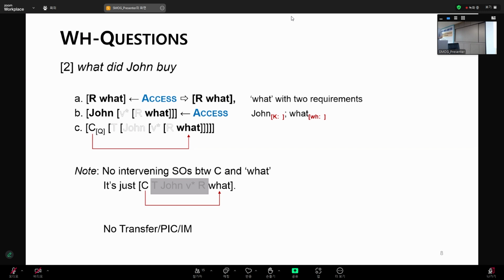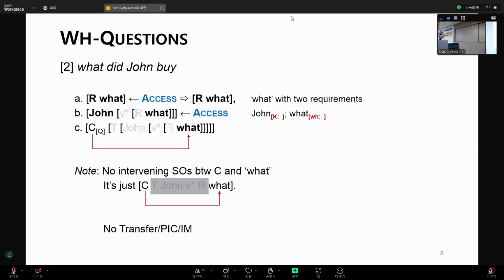Again, notice that there's no IM involved with the WH phrase. And then probably one of you might wonder if the distance between the two is too far away, or the search by CQ is far deep down.